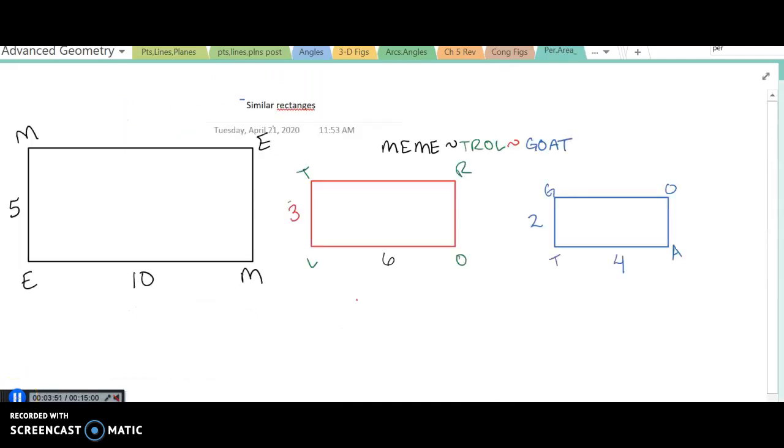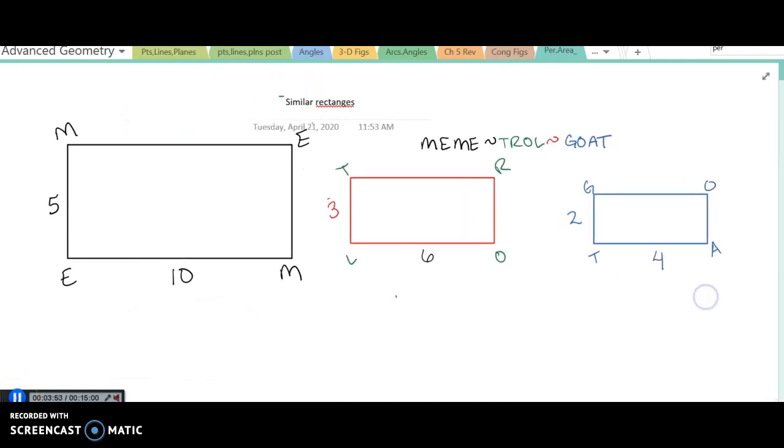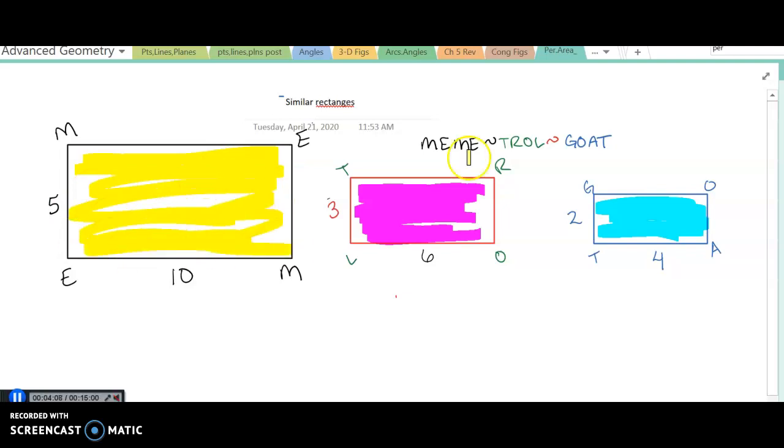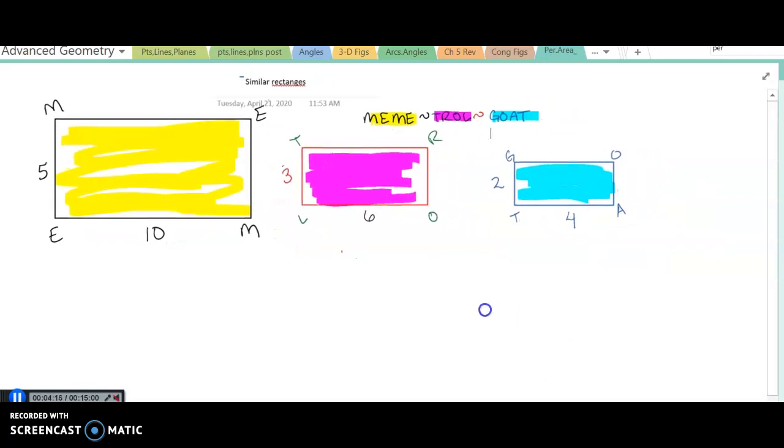I've added a third rectangle to the situation. We already had our goat and our troll. Now I've added a meme rectangle that is also similar to these other two. And now we're interested in the areas and how these relate.